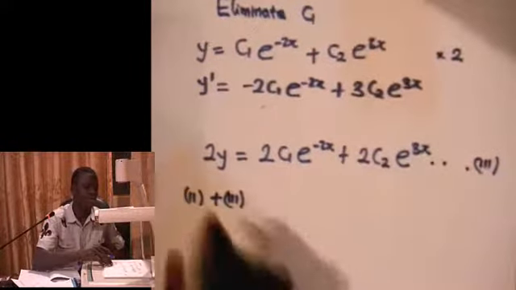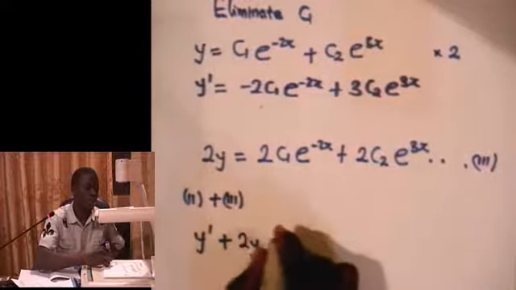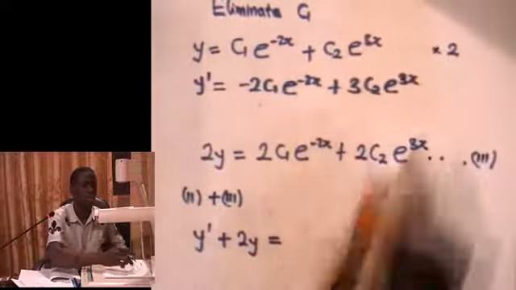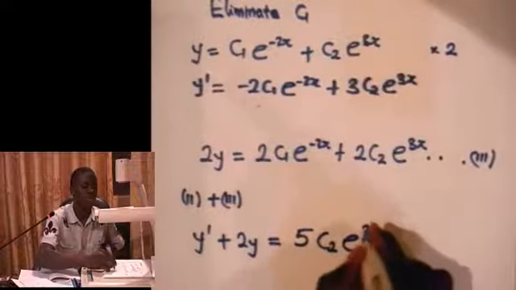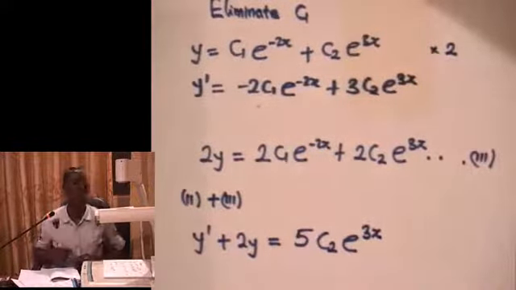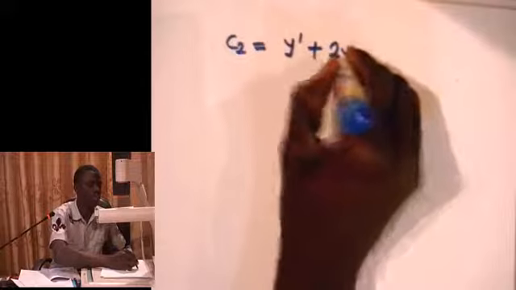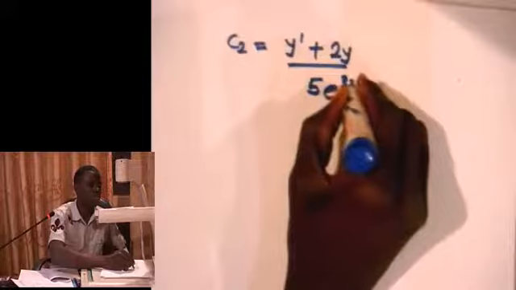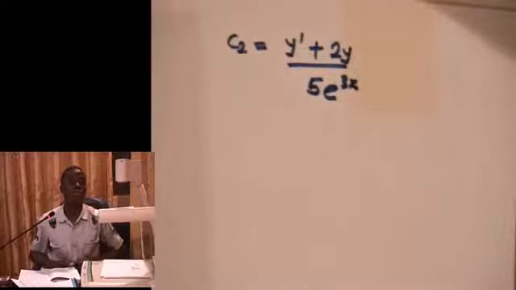So what do we have? y prime plus 2y equals, this cancels out, this plus this gives us 5 c2 e raised to power 3x. So here we try to make c2 the subject. c2 equals y prime plus 2y all over 5 e raised to power 3x. We've been able to get the value of c2.